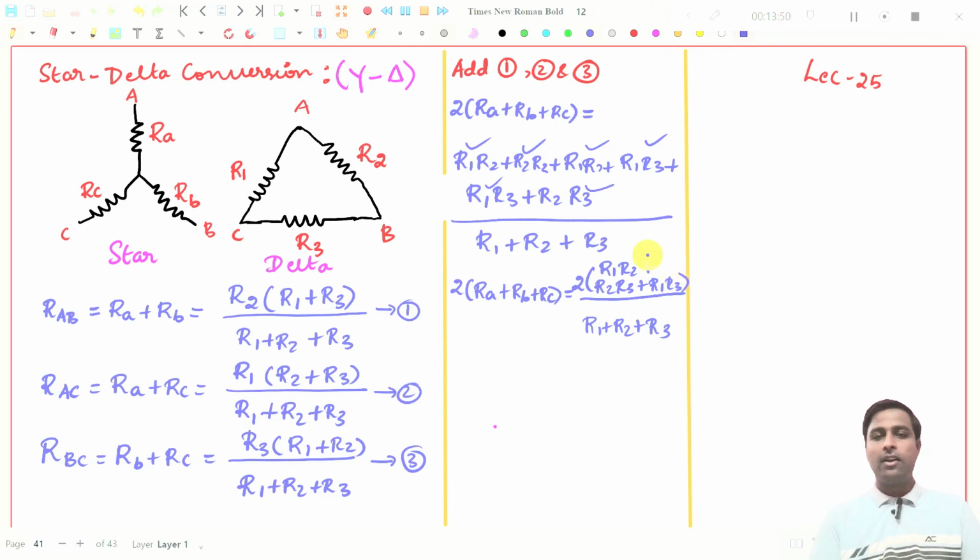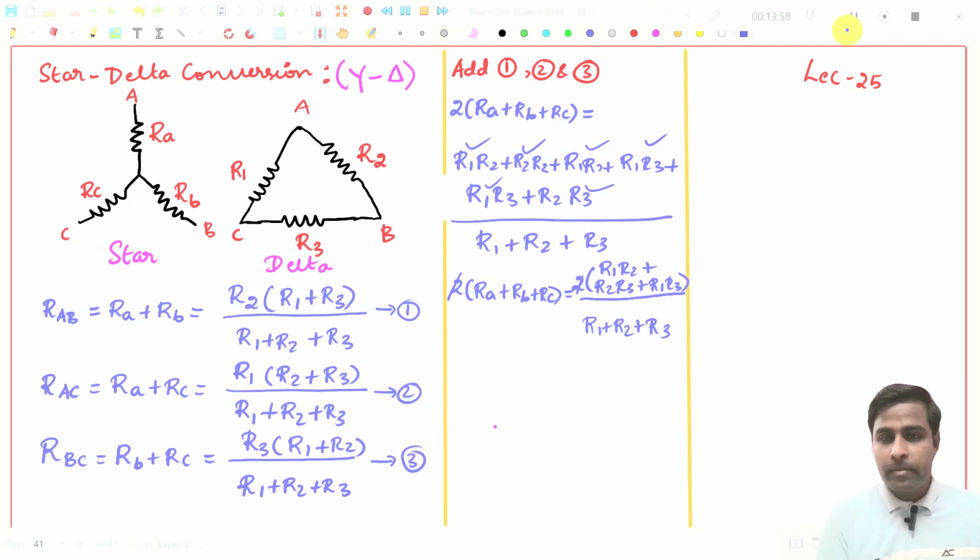That's all. So this is the term. Now you can cancel these two expressions, right? This is very simple now, and make this expression number 4.